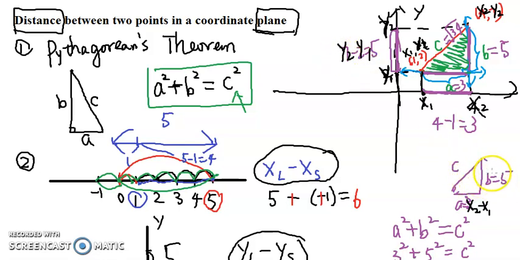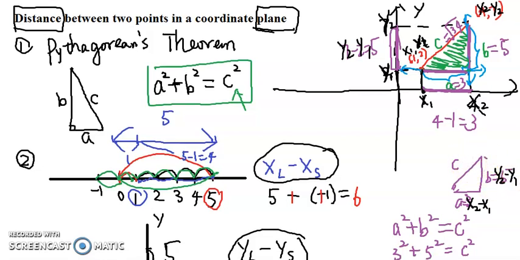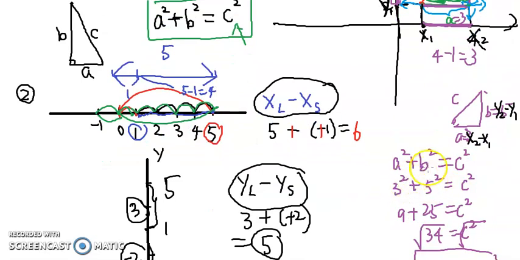So in general, when we do y2 minus y1, that gives us this b. So when you plug everything in here, we're not plugging in 3 and 5, we're plugging x2 minus x1 for a. For b, we're plugging y2 minus y1 for b. And c, again, remains unknown. And to solve for c, we take the square root of both sides.